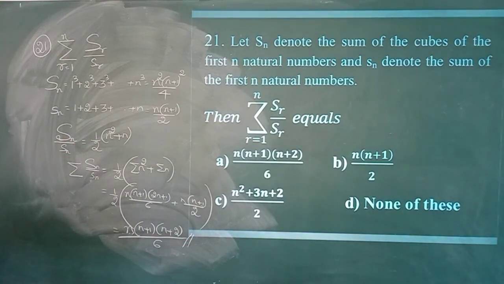You can observe here, capital Sn is nothing but the cube of the sum of natural numbers, and small sn is the sum of natural numbers. Divide one by the other, you get n square plus n, take the summation, you will get n into (n plus 1) into (n plus 2). So option A is the answer.